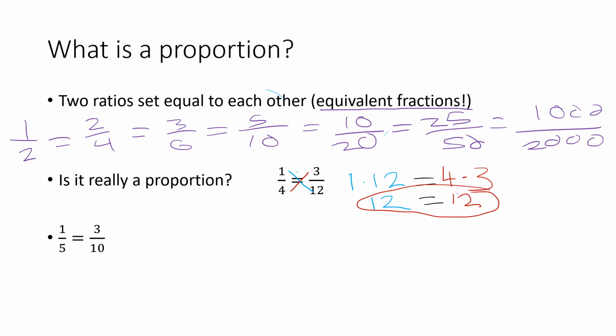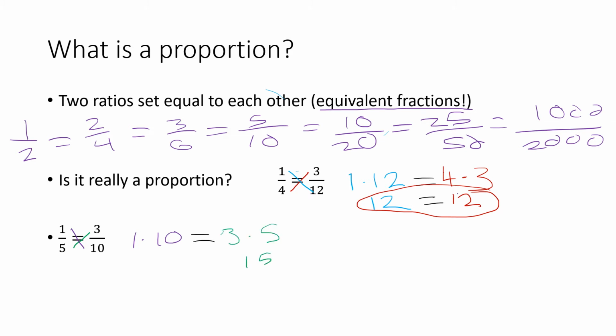Let's look at another one. We have 1/5 equals 3/10. Let's do that. So we would multiply 5 times 3, and that should be equal, if this is a proportion, to 1 times 10. So 1 times 10, and set that equal to 3 times 5.